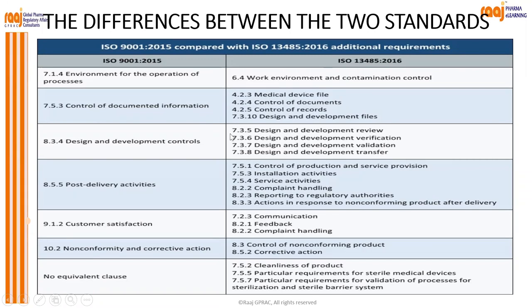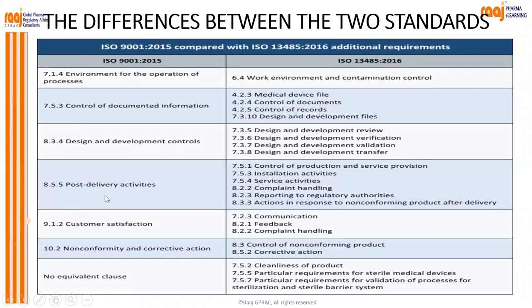So in this slide, you can see the correlation between the clauses defined under ISO 9001 and ISO 13485. Again, 8.3.4 talks about design and development controls. Here 7.3.5, 7.3.6, 7.3.7, 7.3.8 talk about design and development review, verification, validation, and design transfer.